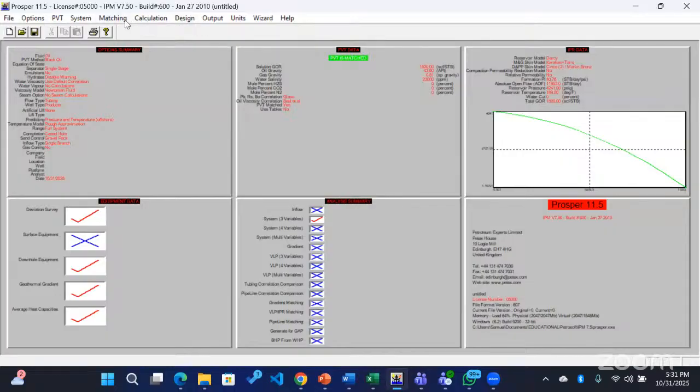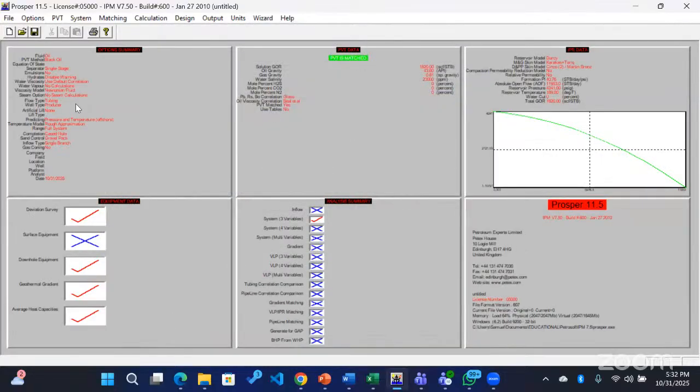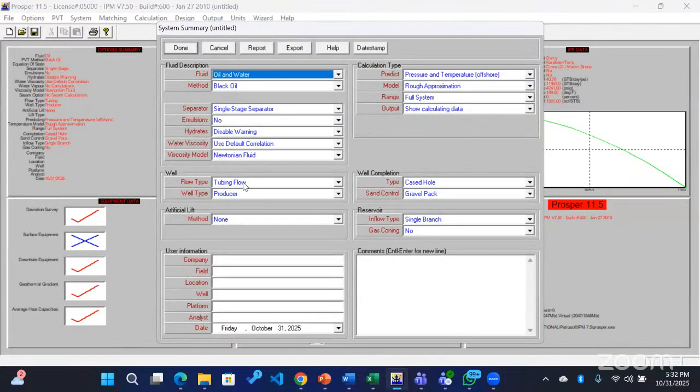I have made mention of gas lift. You still require all this information you've entered because that's if you want to do the case. If you want to do gravel packs, which you know is possible, at the end of the day you still need artificial lift. So what you do is come to system summary, then you come here to artificial lift.